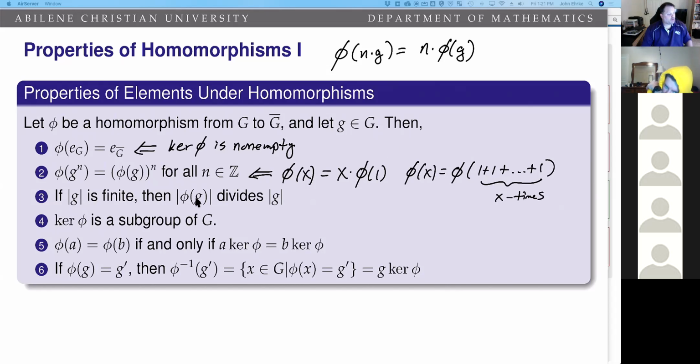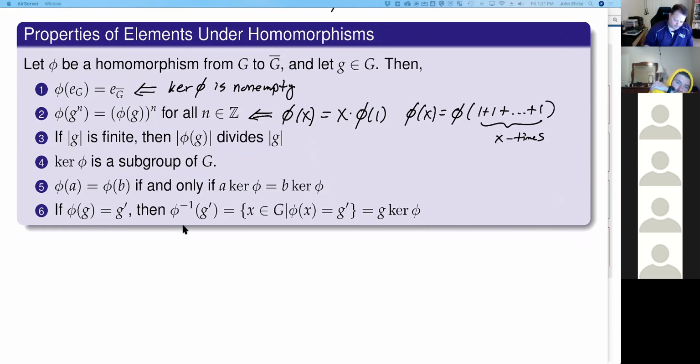Now, an isomorphism preserved order, right? That was one of the properties we have for isomorphisms, is they preserve order, but property 3 here does not say that this preserves order. It preserves the divisibility of orders, but not the actual order itself. That's one major change from isomorphisms last time. So let's go ahead and prove 4.